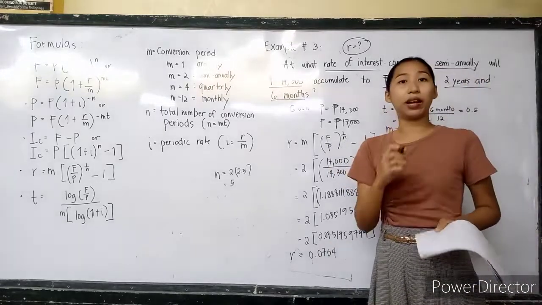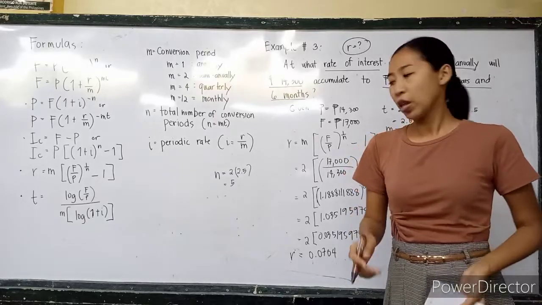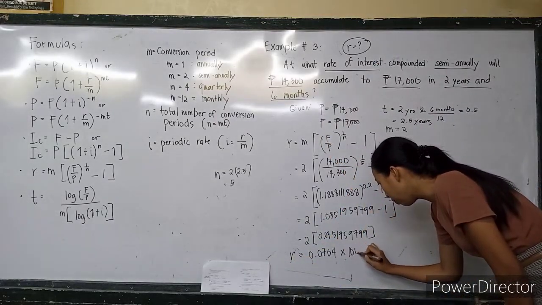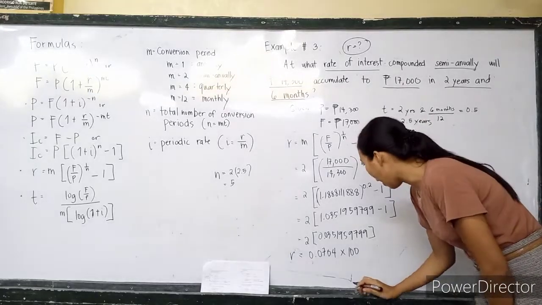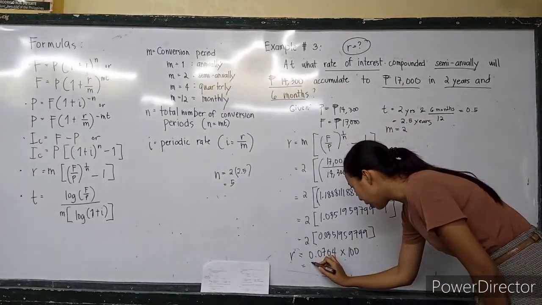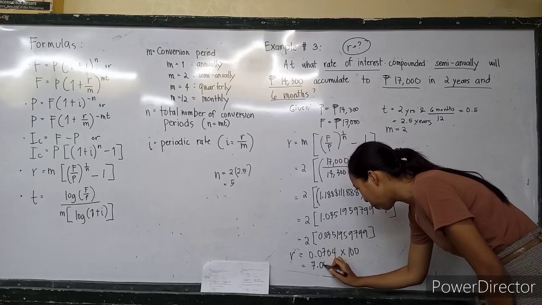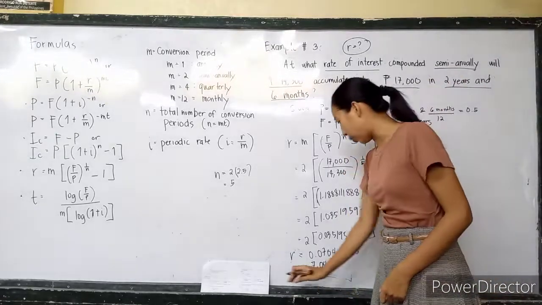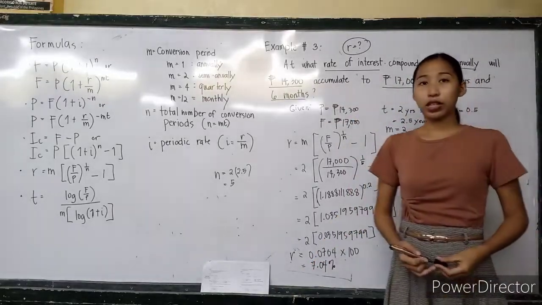Karon, nakanungdumtan ang rate should be in percent, di ba? So, kung in percent siya, dapat ato na siyang i-multiply by 100. So, our final answer would be 7.04%. So our rate or our final answer would be 7.04%.